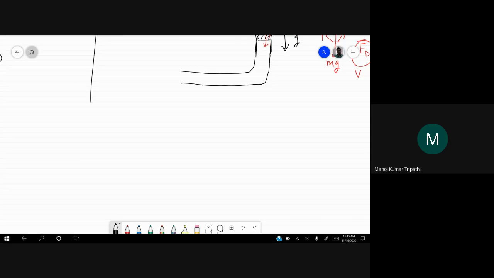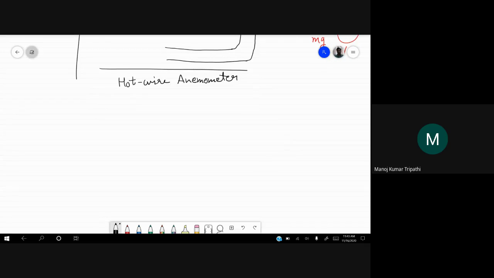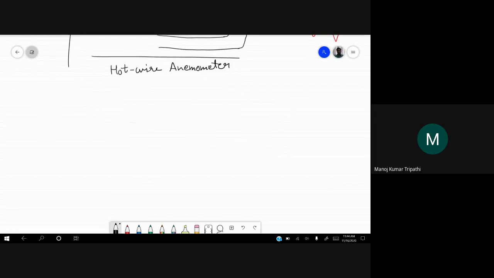And then generally for air, another equipment is used, which is known as hot wire anemometer. So what you have there is an electrical equipment.